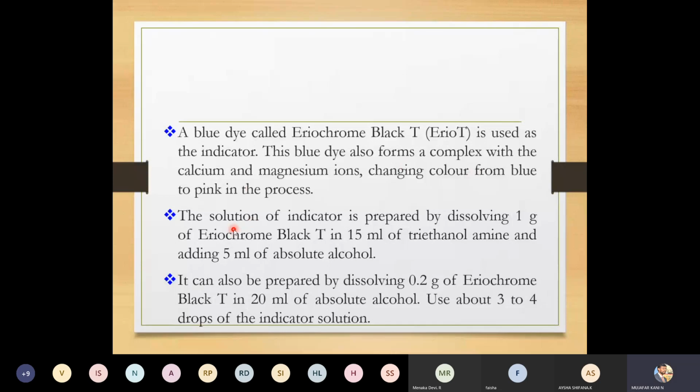The indicator solution is prepared by dissolving 1 gram of eriochrome black T in 15 ml of triethylamine and adding 5 ml of absolute alcohol. It can also be prepared by dissolving 0.2 gram of eriochrome black T in 20 ml of absolute alcohol. Use about 3 to 4 drops of the indicator solution in the titration.